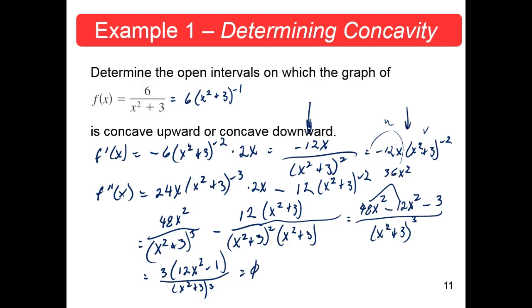F prime was minus 6, x squared blah blah, 2x, yep, we got that the same, which is minus 12x over x squared plus 3 squared. And F double prime, they did the quotient rule, I think, whereas we did the... wait a minute. No, I think we did it okay. All right, let's go back and check our work here. The first times the derivative of the second would be minus 12x times a minus 2, that's a positive 24x, times the x squared plus 3 to the minus 3, and then times a 2x from the inside, minus 12 times x squared plus 3 to the minus 2.